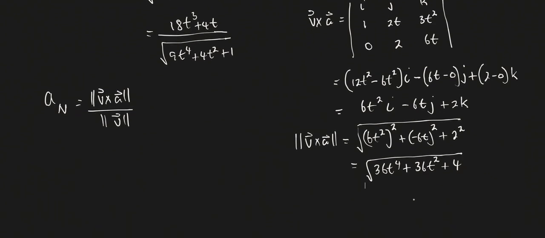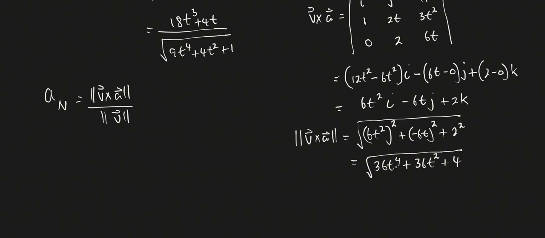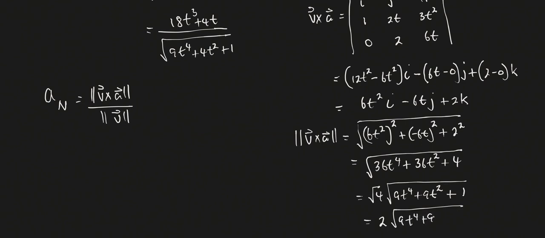Now, we can actually factor a 4 out of all of these. If I take out a root 4, then I'm left with root of 9t to the fourth plus 9t squared plus 1. So it's 2 times the square root of 9t to the fourth plus 9t squared plus 1.